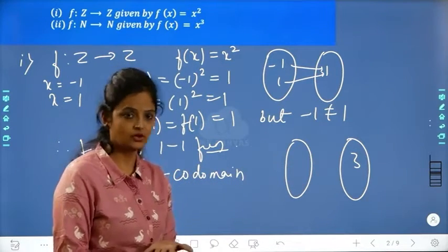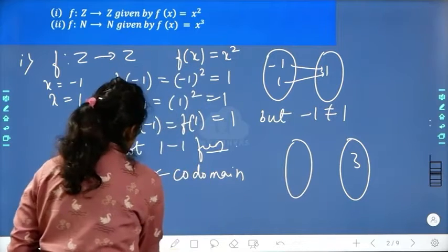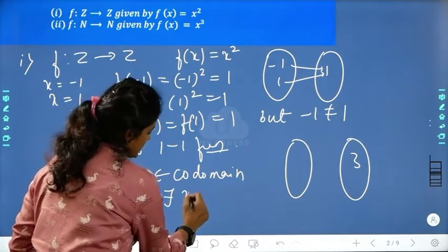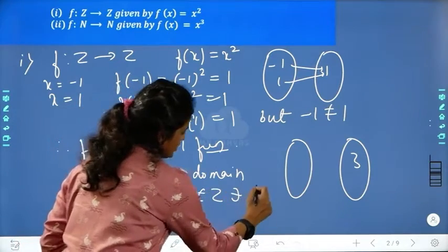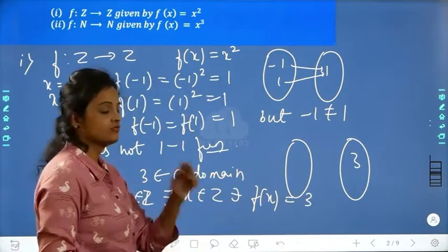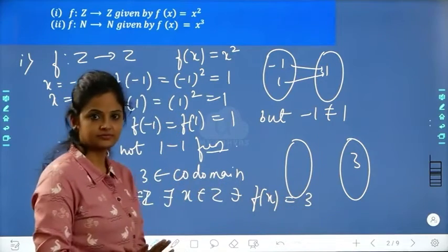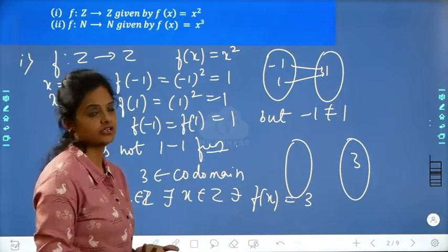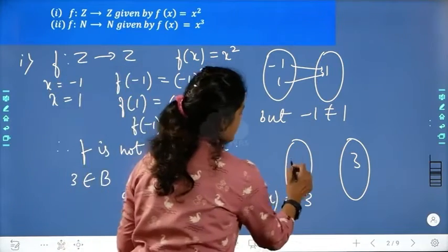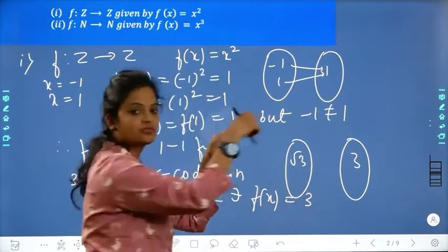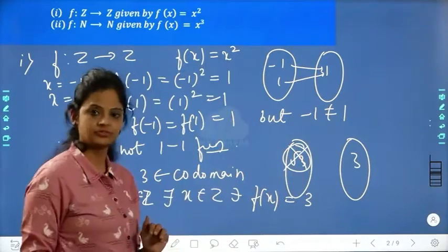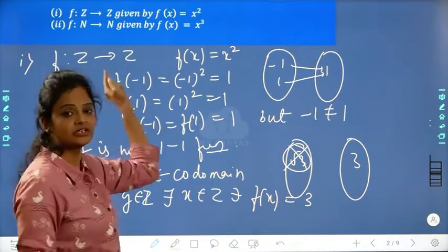Even 2? No. So if I take y belongs to Z, there exists x belongs to Z such that f of x is equal to 3. Is this possible? For what value of x will I get 3? Root 3 only I should get, and root 3 is not considered an integer, right? Root 3 whole square will give me 3, but I cannot take root 3 here, because the mapping is from integer to integer.